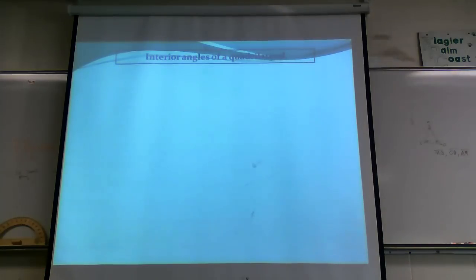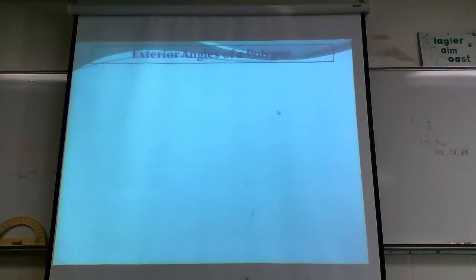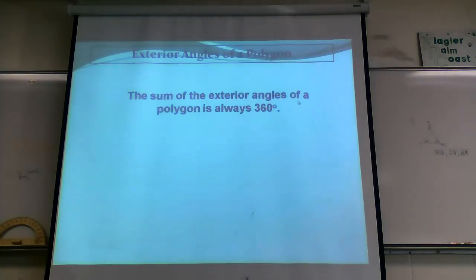Now, if I move to the exterior angles, exterior angles, guys, always add up to 360. We actually talked about this when we were doing exterior angles of a triangle, probably back in chapter 4.